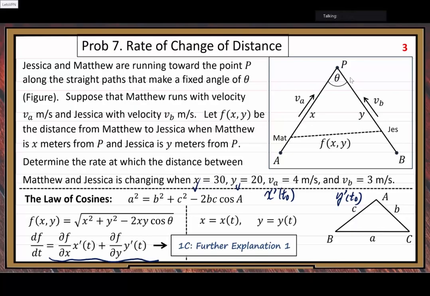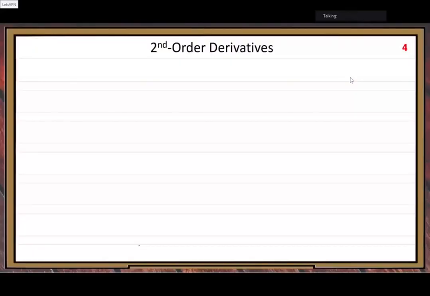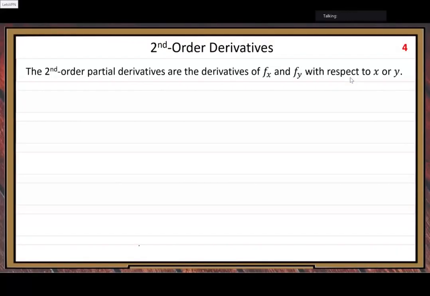Then C.3, second order partial derivatives. Let's look at this topic. Second order partial derivatives are the derivatives of first order partial derivatives. Here, let me write all the possible cases.